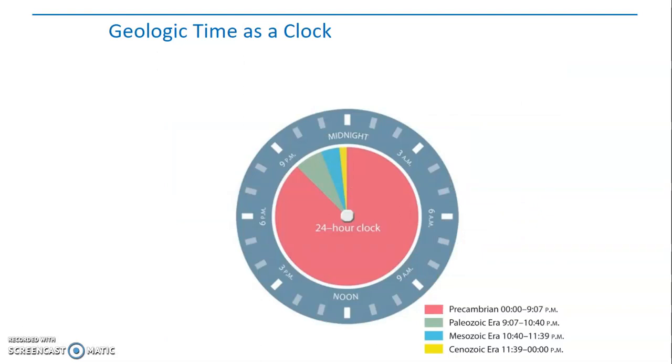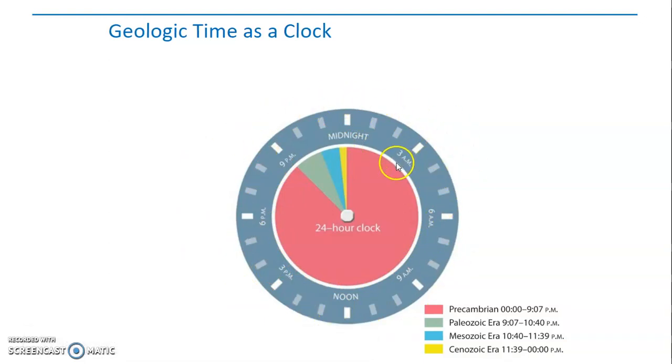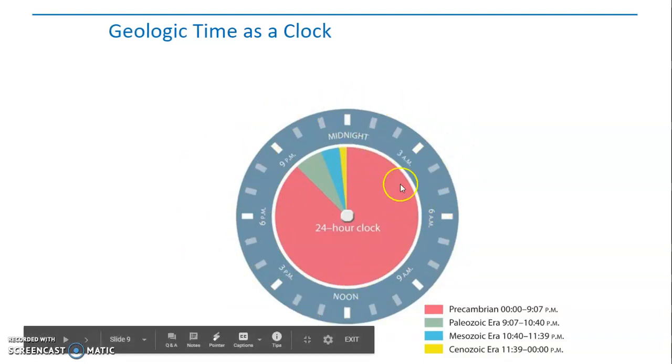All right, now if we look at geologic time as a clock, I think this is a more useful diagram. The Precambrian is the pink, and on our geologic clock, which makes the entire history of the Earth into 24 hours, that takes up essentially from midnight to 9 p.m. That leaves us essentially with 3 hours left.